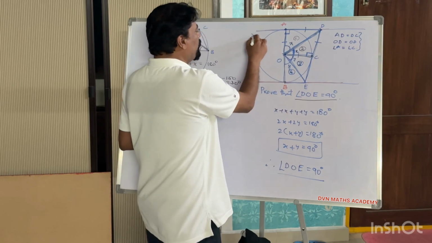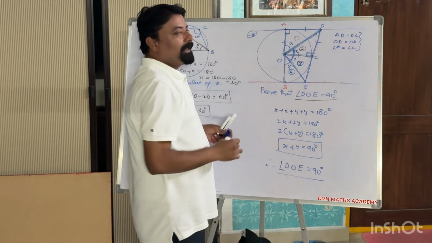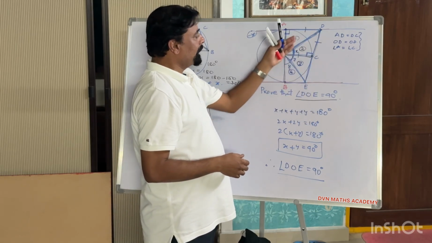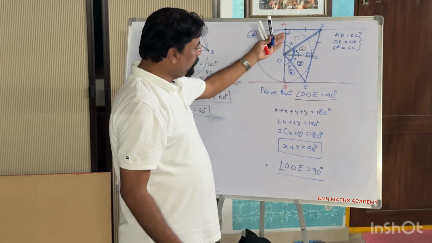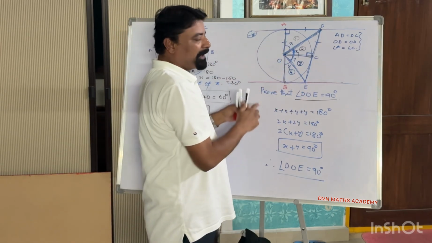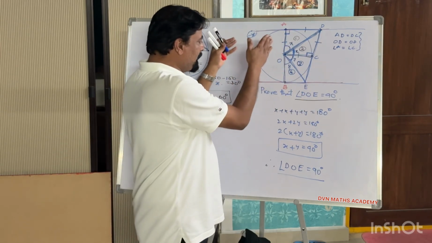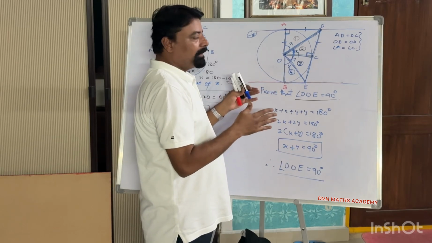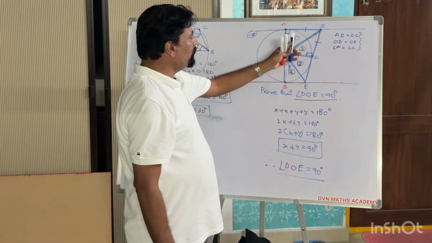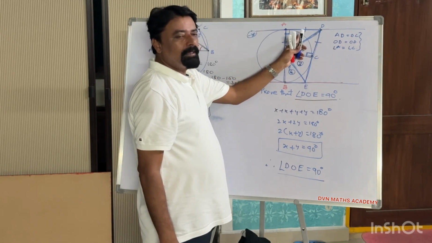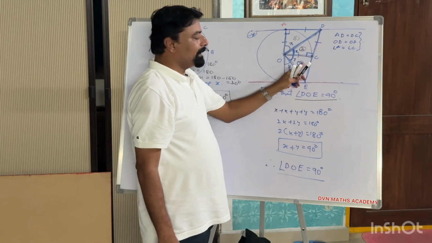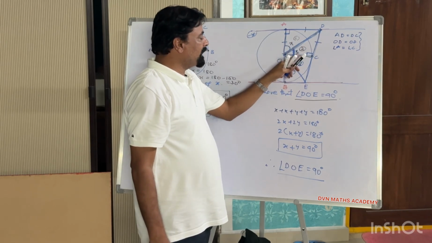This is one of the important questions in 10th class standard. If you teach this question with all these concepts, they learn easily and they will prove it very easily. Here I didn't prove anything, I just explained, because by this explanation students should learn how to write and how to solve this question systematically. First you need to prove these two triangles are congruent, and after these two triangles are congruent, you apply CPCT.